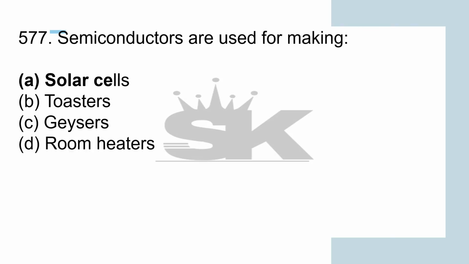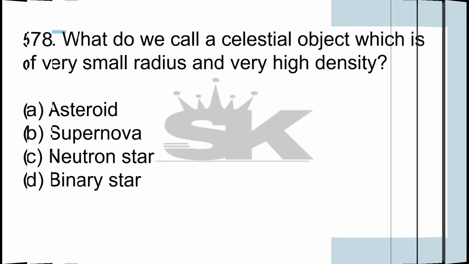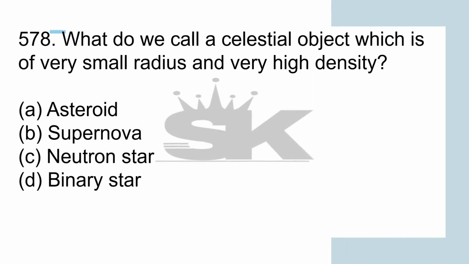Semiconductors are used for making solar cells. What do we call a celestial object which has a very small radius and very high density? That is a neutron star. That is the celestial object.